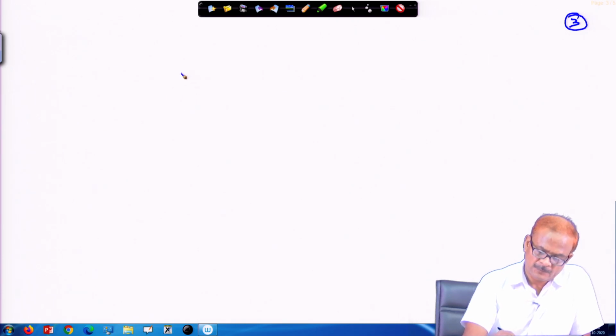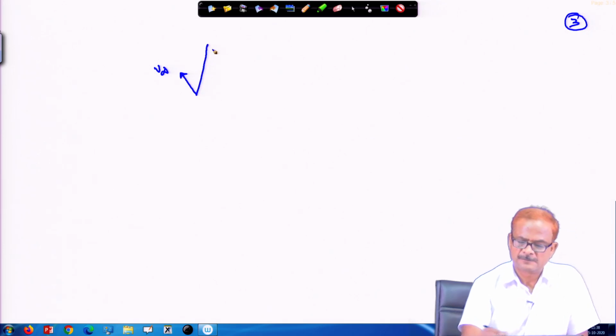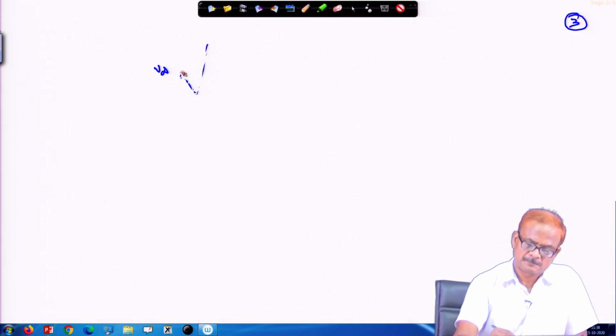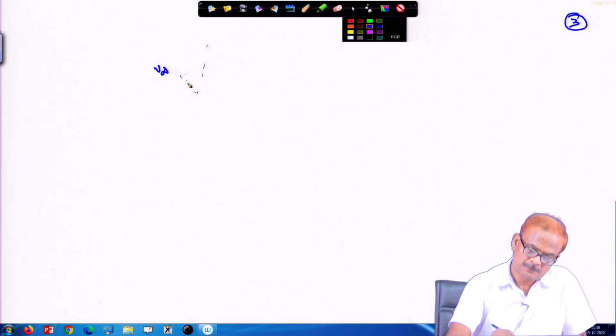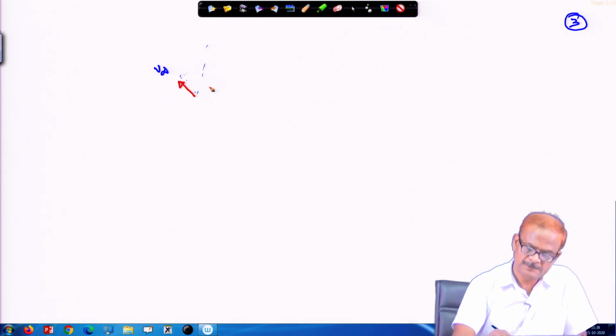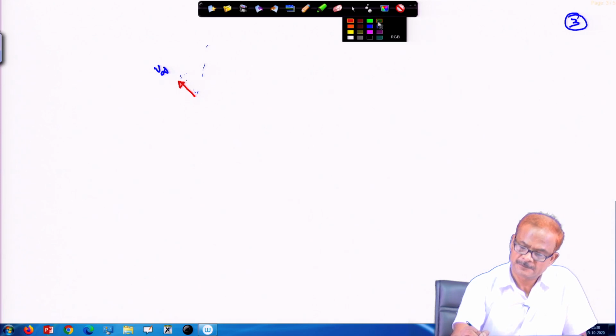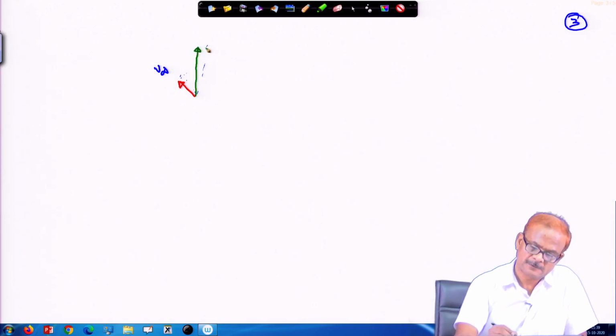Okay. So, it is shown that V infinity is in this direction and V earth is shown like this. V infinity is shown like this, and then the V earth, we show it by proper color.